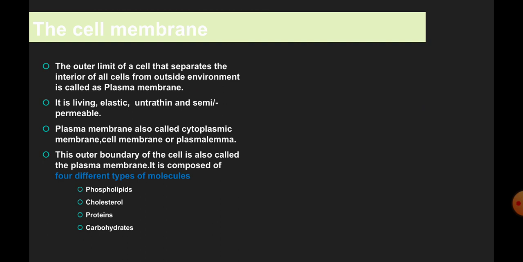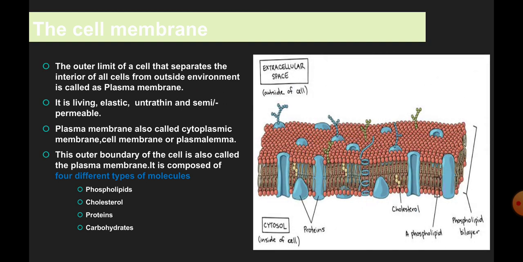The outer boundary of the cell is called the plasma membrane, and it is composed of four different types of molecules: phospholipids, cholesterol, proteins, and carbohydrates. This is an illustrated structure of the plasma membrane.